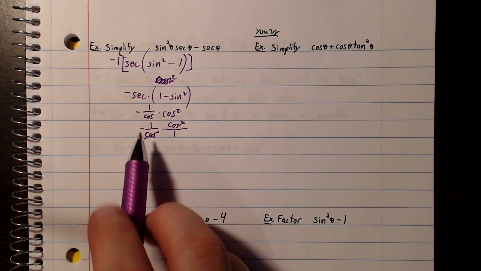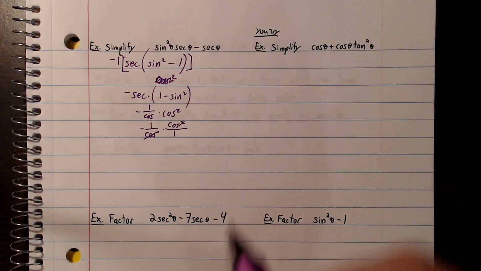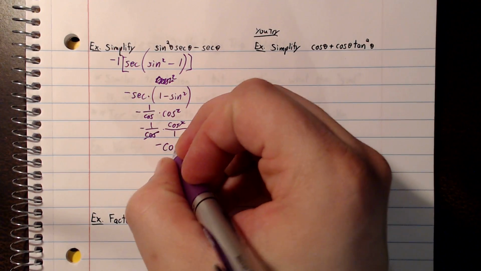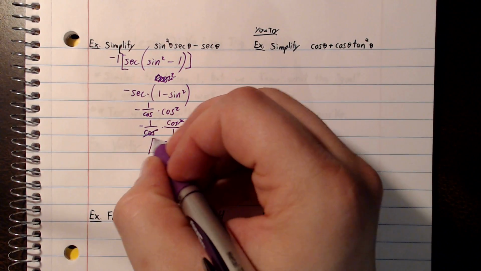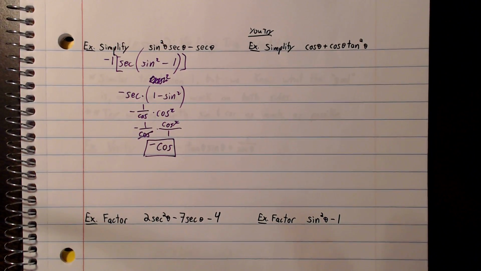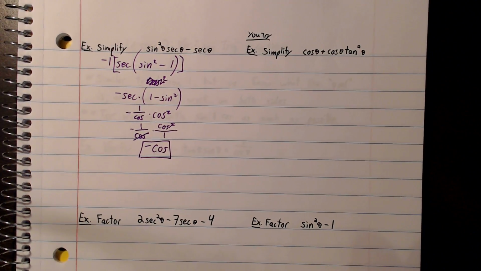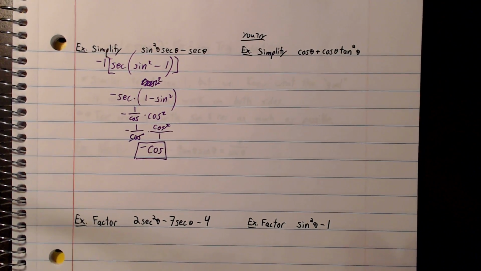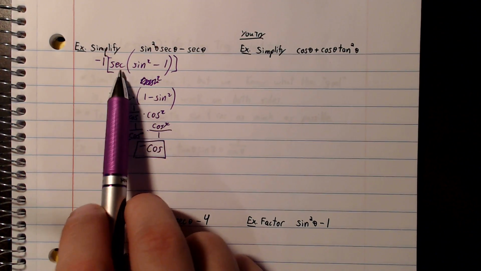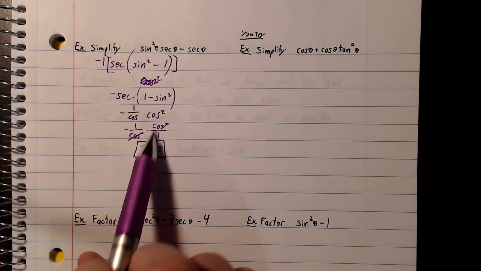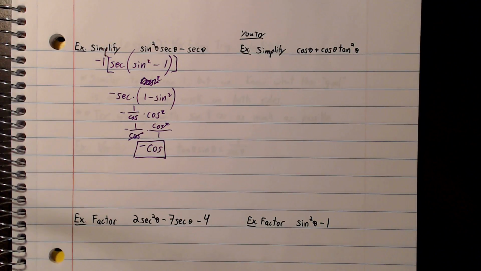All right, and what we have left is -1 times cosine, which is just plain old negative cosine. All right, so that one was not really bad once you factored out and then got it into the right form. So try this one out and resume play when you finish and you want to check your solution.